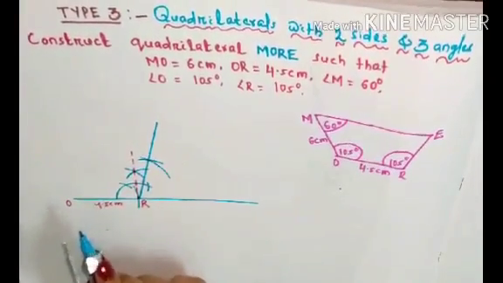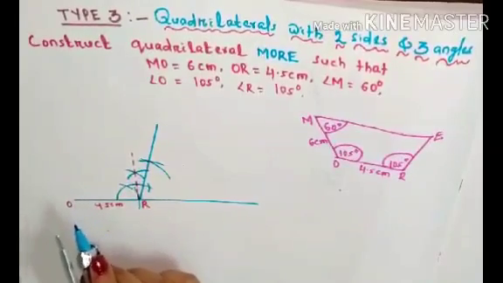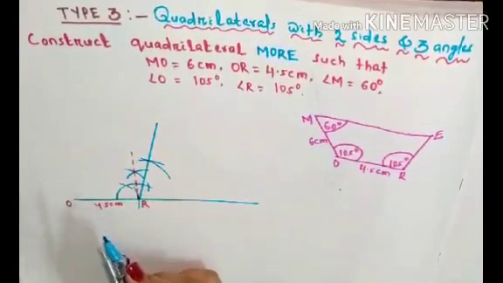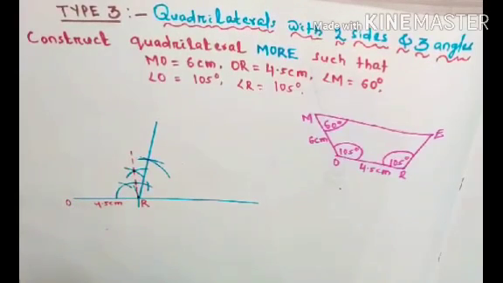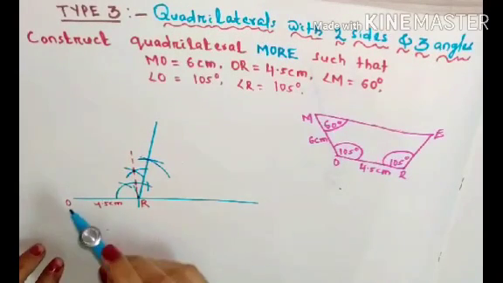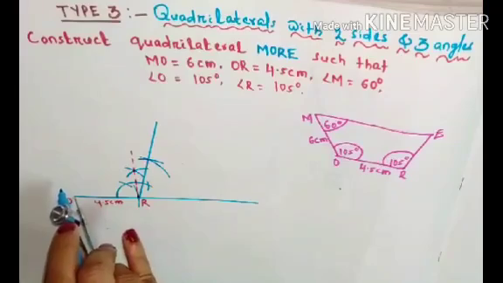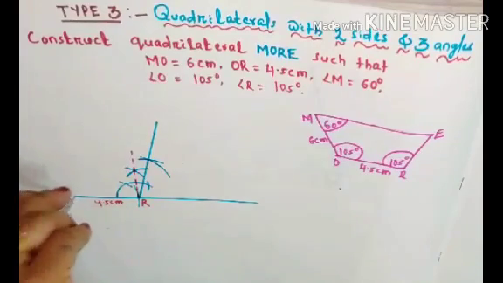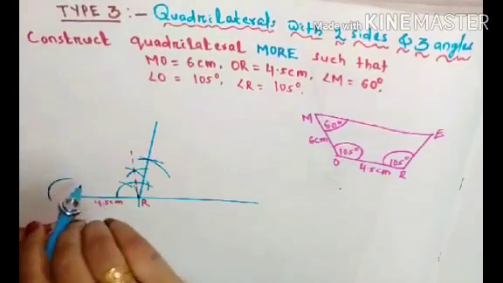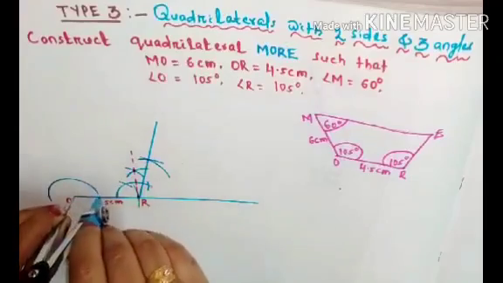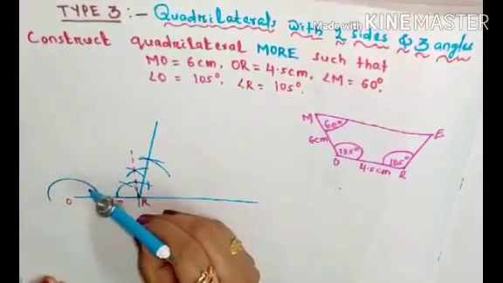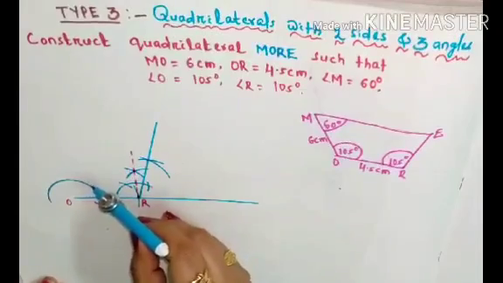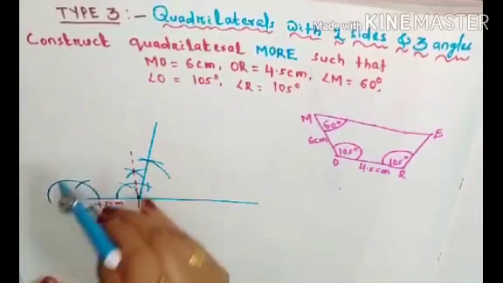So in a similar way, I have to draw 105 degree on this side also. So I have to follow the same procedure. Again taking this point as center, first I have to draw 60 degree.